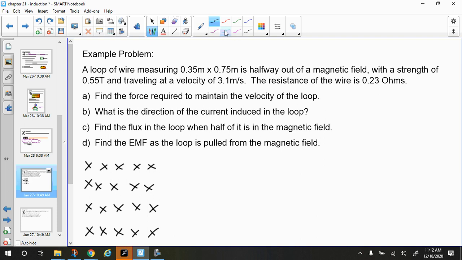Then I have this loop of wire, and it is moving with a velocity of 3.1 meters per second. And it's moving out of the magnetic field, although I don't think that's explained in the problem.